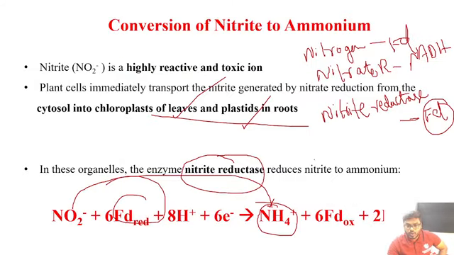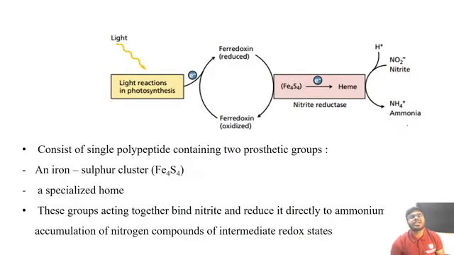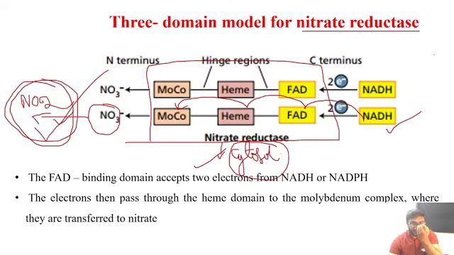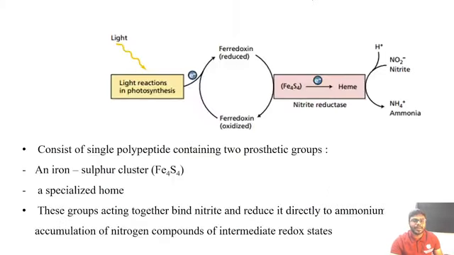Okay. Now what is the structure of nitrite reductase? Once again, everyone understand. Try to compare once again. What is the nitrogenase enzyme made up of? Iron sulfur redox center, molybdenum iron redox center. What is the nitrate reductase made up of? FAD, heme and molybdenum associated with an organic compound called pterin.